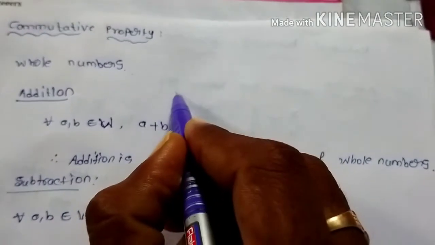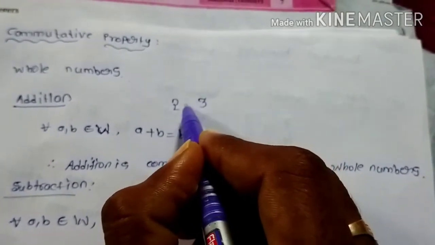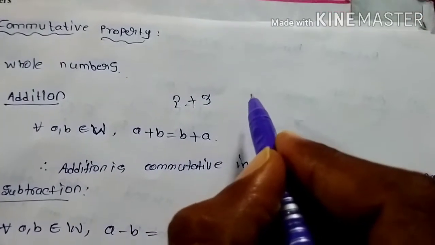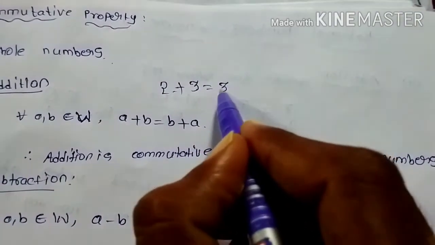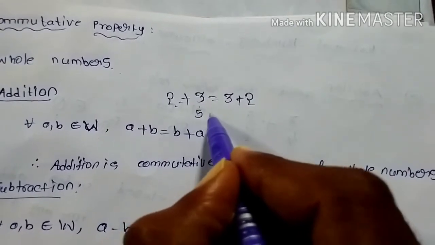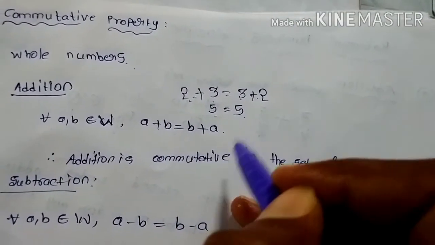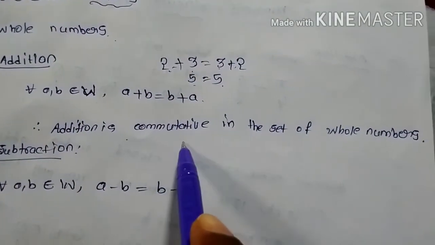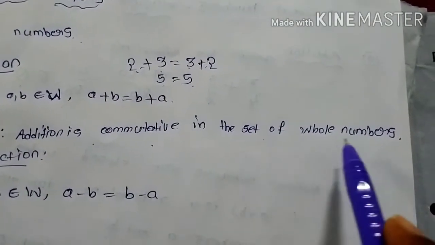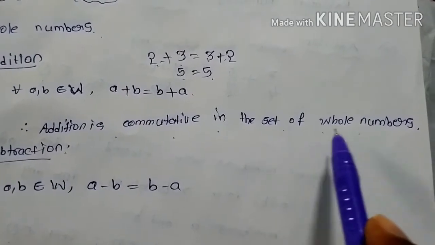For example, take a as 2 and b as 3. Is 2 plus 3 equal to 3 plus 2? Yes or no? 2 plus 3 is 5. 3 plus 2 is 5. Is 5 equal to 5 or not? Yes. So addition is commutative in the set of whole numbers.